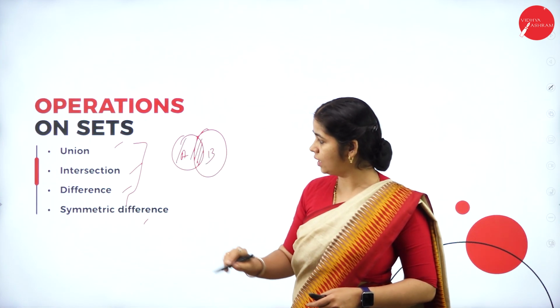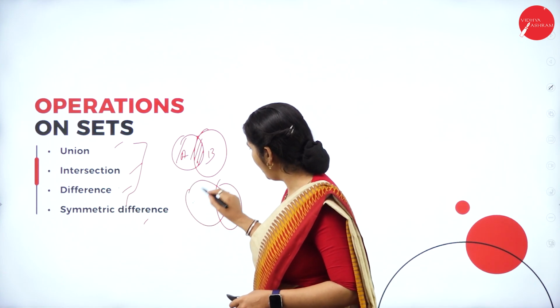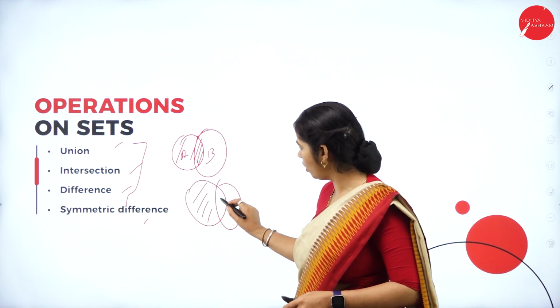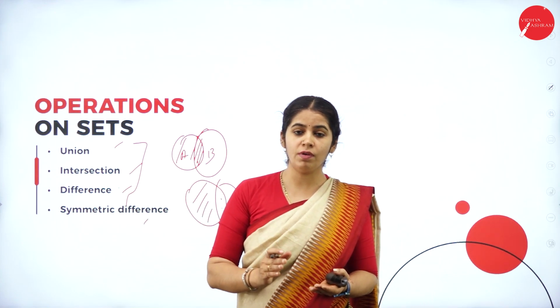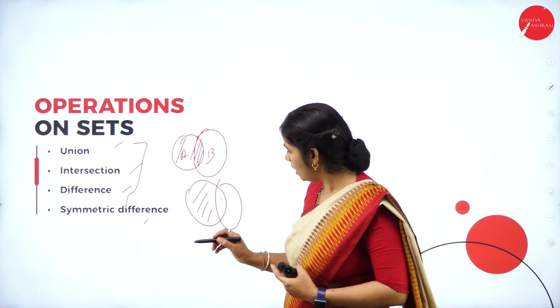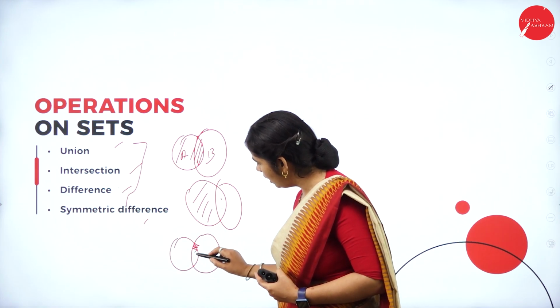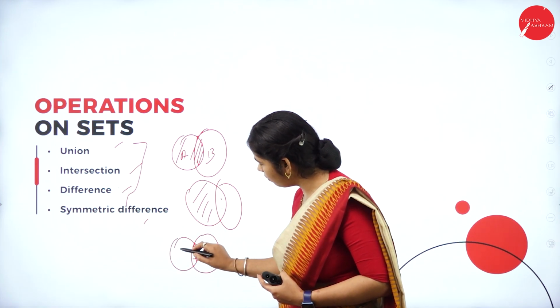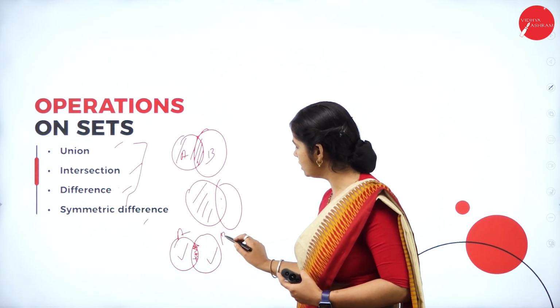Difference: whichever elements are in A, those will be displayed, not the common elements. Symmetric difference means whichever element is common will not be displayed. Whatever is there in either set A or set B will be displayed.